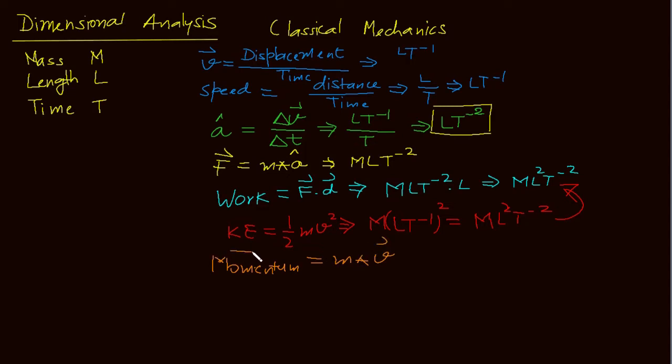Momentum is a vector, so this becomes mass L T minus 1. So this gives you a basic idea of how to apply dimension analysis to different objects like velocity, speed, acceleration, force, work. And I recommend that you study this yourself in detail, because you'll be using it again and again.